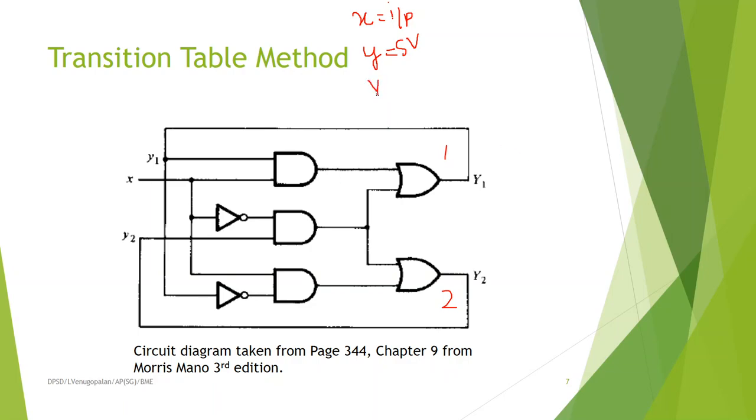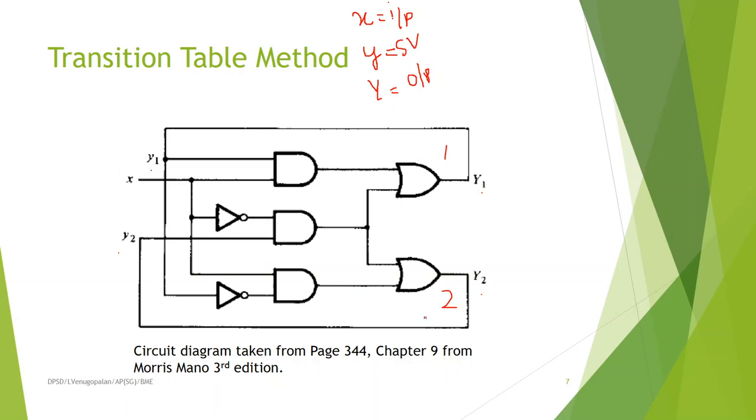And you have capital Y, which is your output, also called the excitation variable or the next state, right? So since I have two loops here, I have Y1 and Y2 as my two outputs. I have small y1 and small y2 as the two feedbacks or two secondary variables, and I have an x, which is my input.